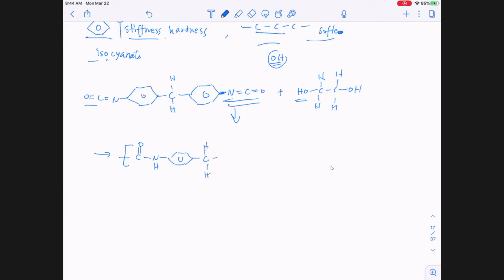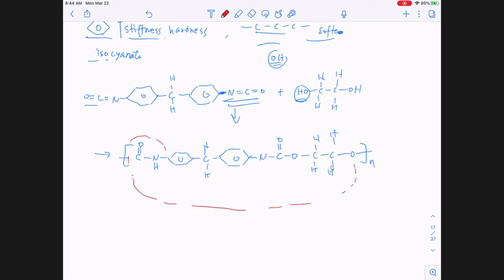Then with O, carbon, carbon. We have two carbon, and multiple N. Because it's a polymer, right?